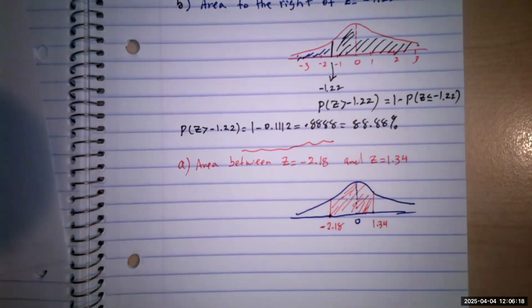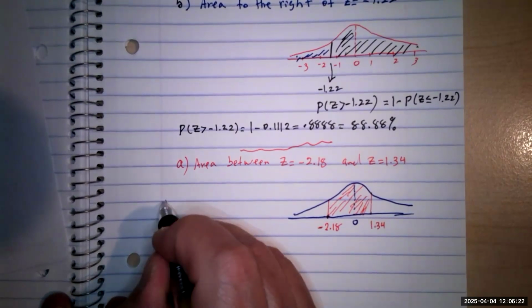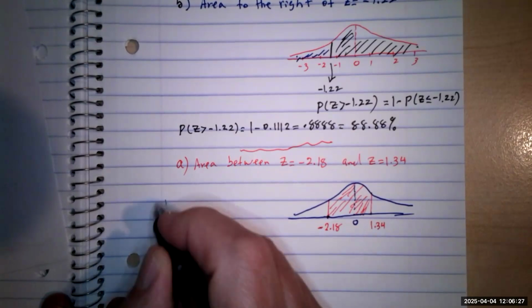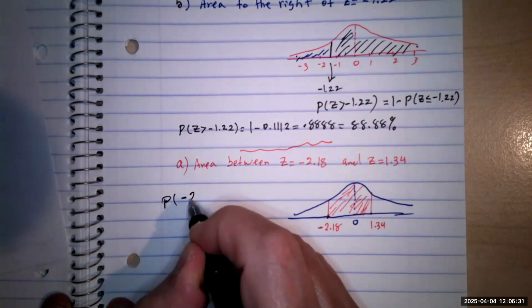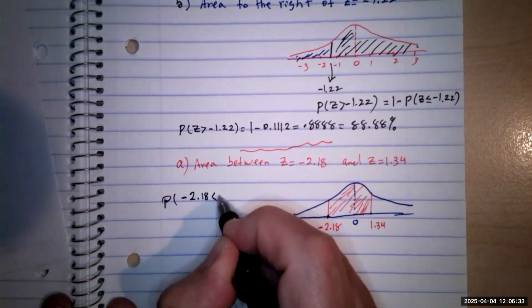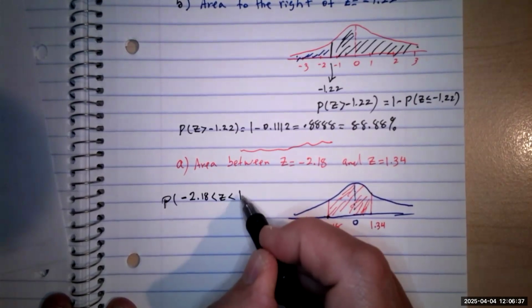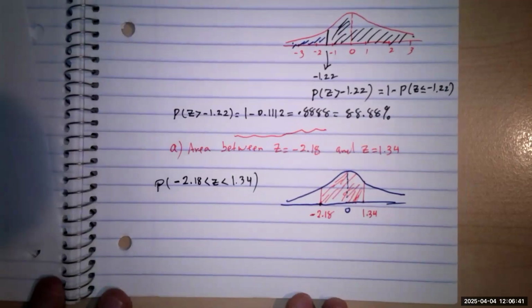Area between two curves. From the language of probability, you are interested in the probability that z is between these two numbers, negative 2.18 less than z less than 1.34. That is going to be the case.